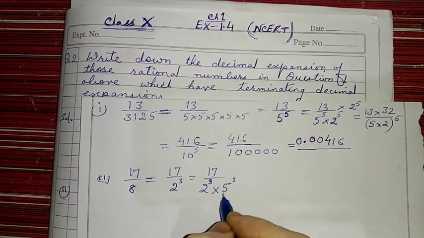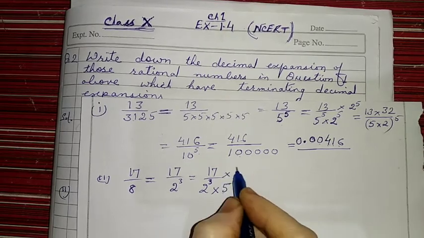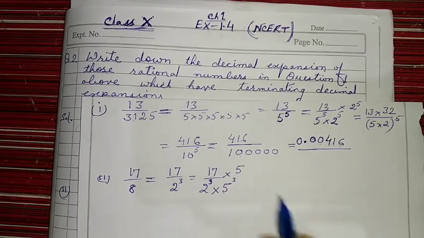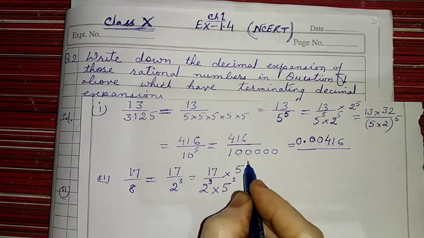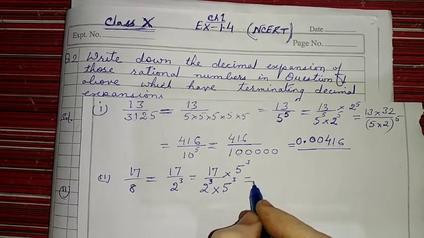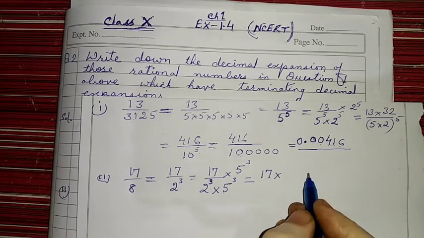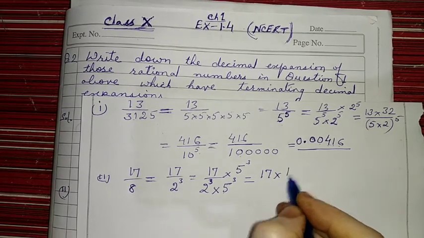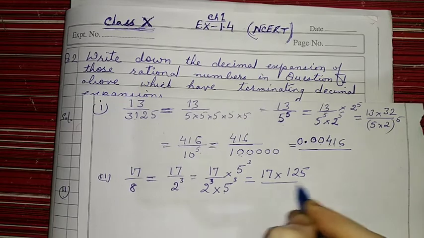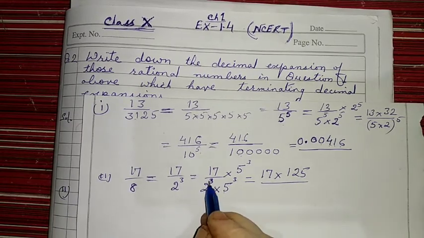And if you multiply the denominator, you have to multiply the numerator also, that is 5 to the power 3. 17 into 5 to the power 3: 5 into 5 is 25, 25 into 5 is 125. That is 125.